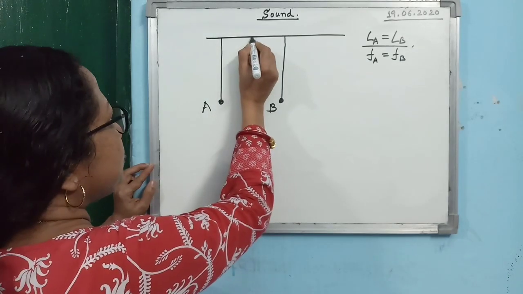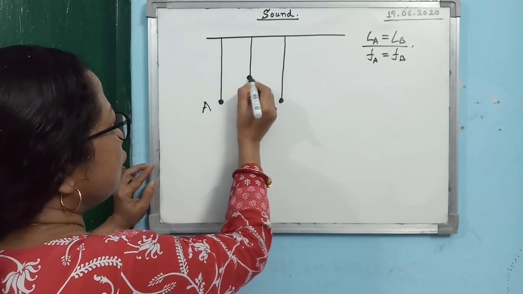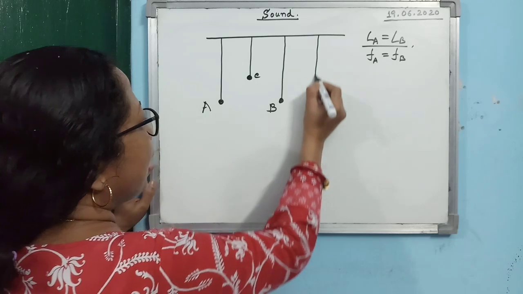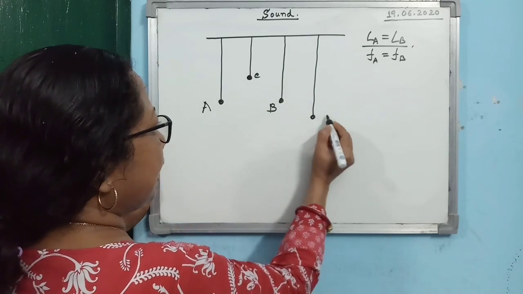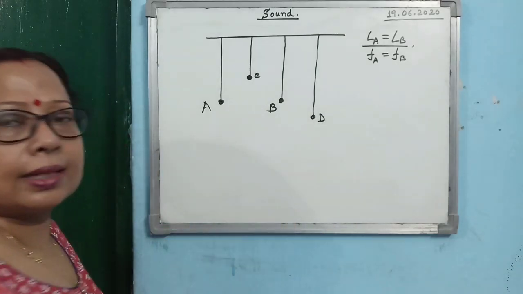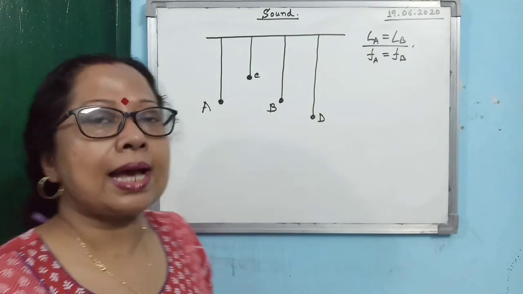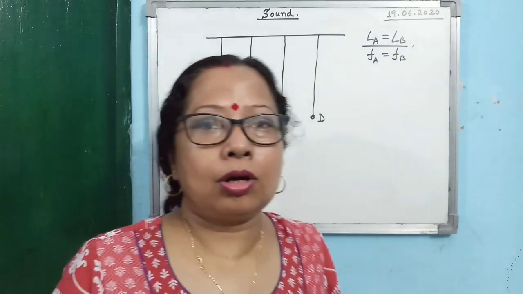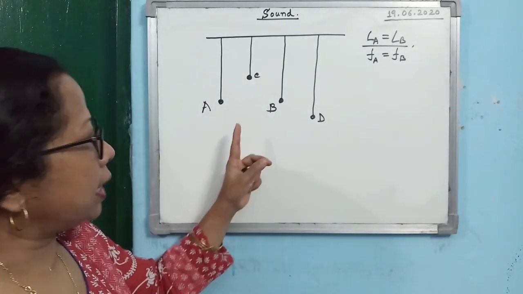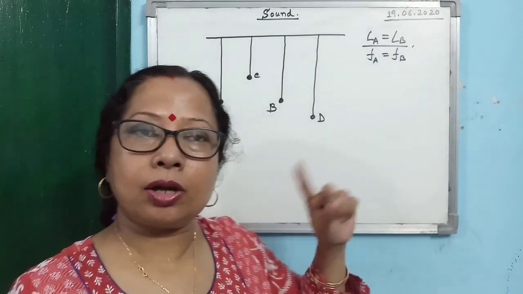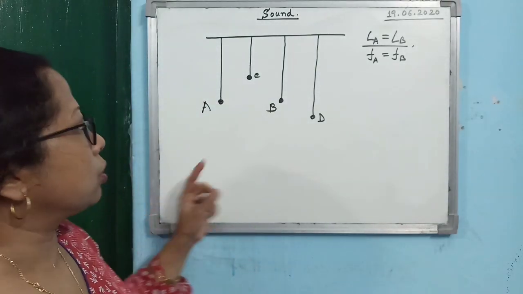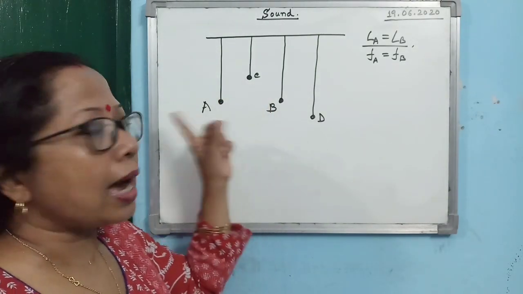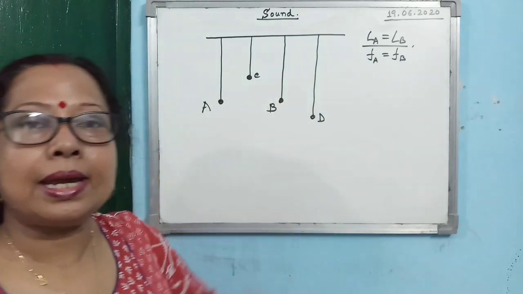Now you have suspended from the same string two more pendulums. One is shorter than A and one is longer than A, and we are naming them C and D. This is the most favorite question of the board examiner, so just listen to it and I'll tell you how to write the answer point-wise also. All four are joined together by a string.